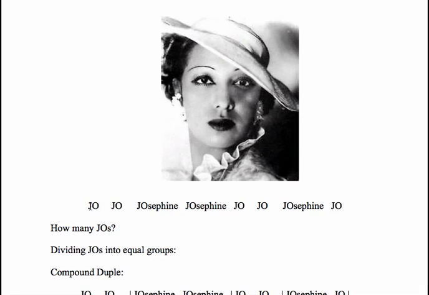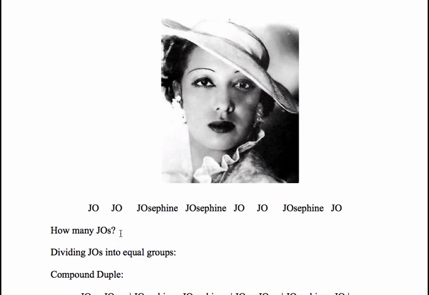Now here we have Joe, Joe, Josephine, Josephine, Joe, Joe, Josephine, Joe. How many Joes do we have? Well, if we divide them into equal groups, we have 1, 2, 3, 4, 5, 6, 7, 8.